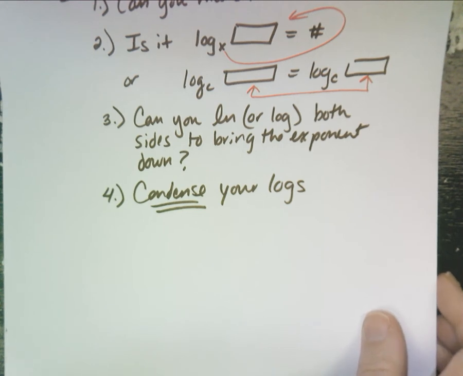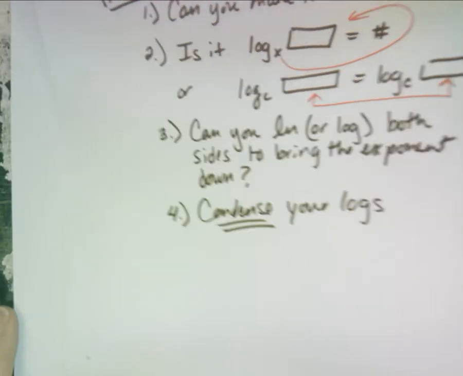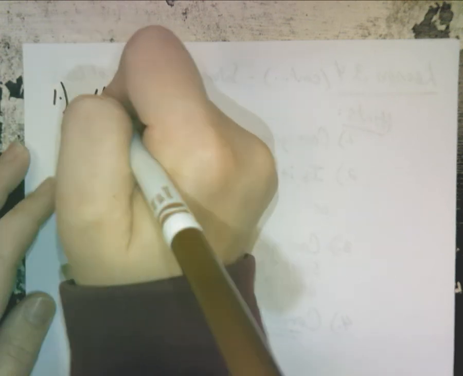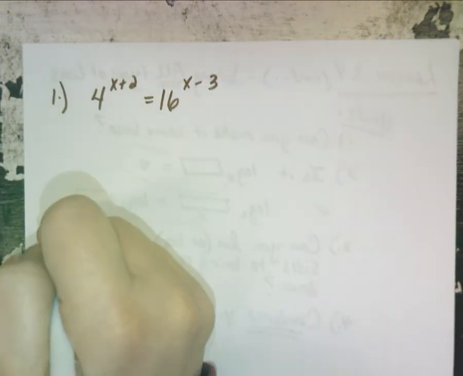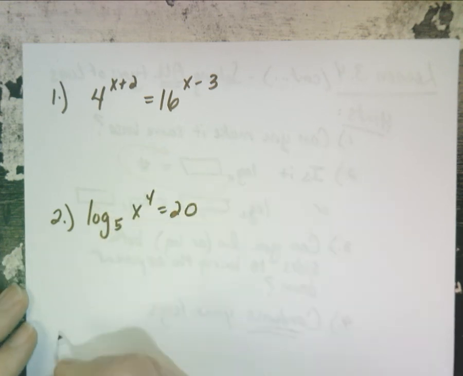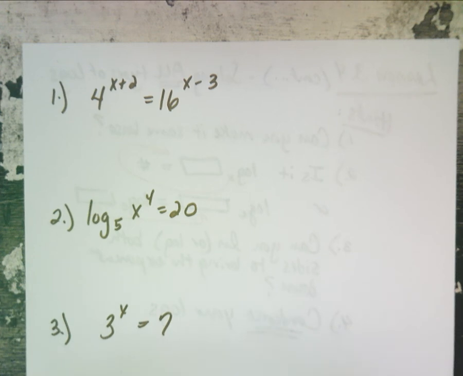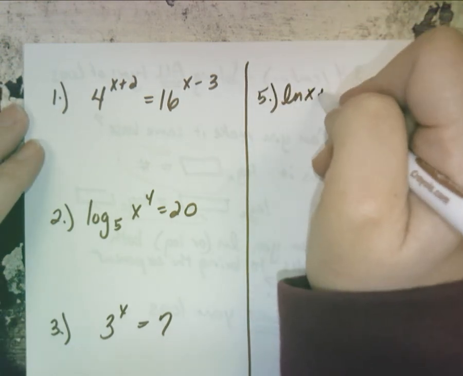Now, I'm going to throw up 8 problems here. You're just going to look at these 8 problems. You can write them all out. You can leave some space. You can wait until we do each one separately. But then we're going to go over how to do each one. I'll move this up in 1 minute.